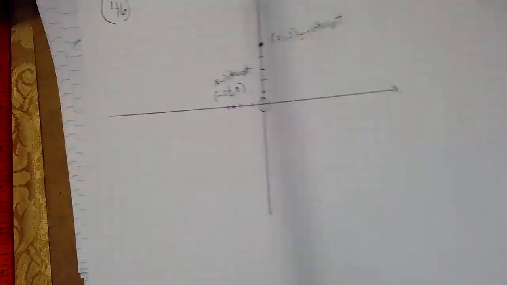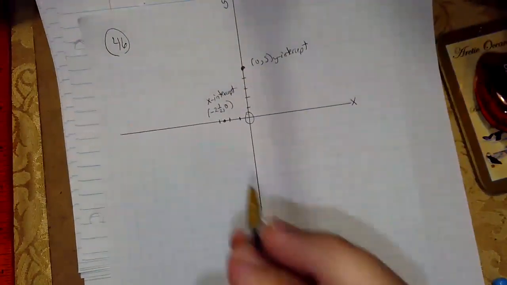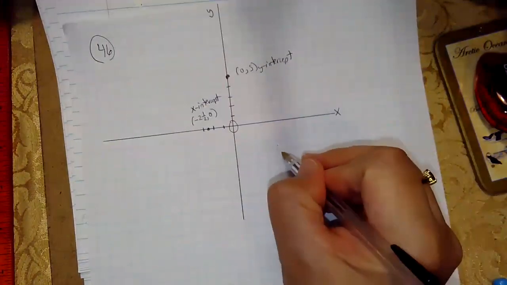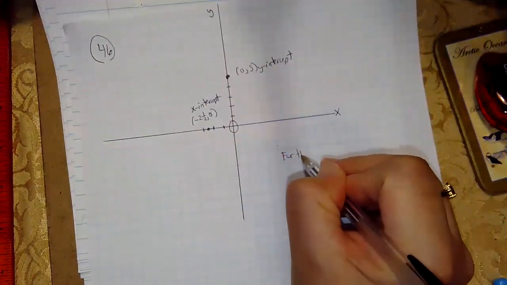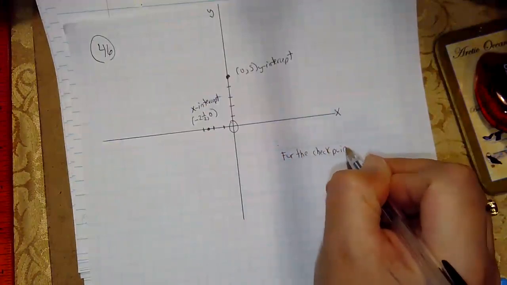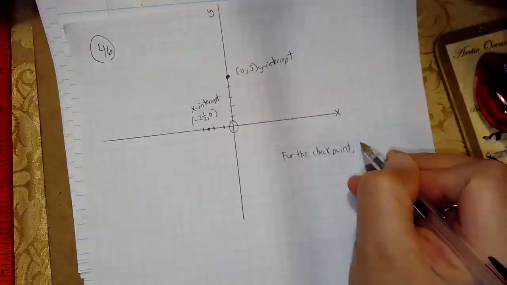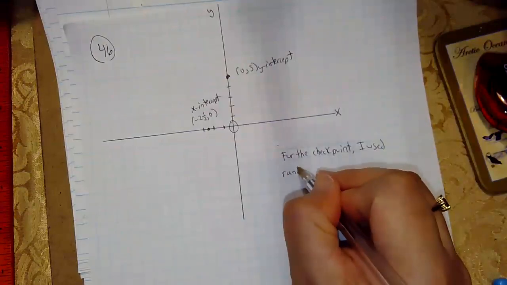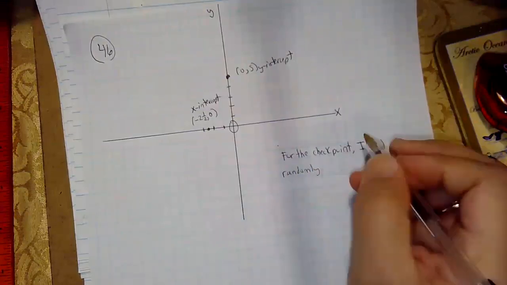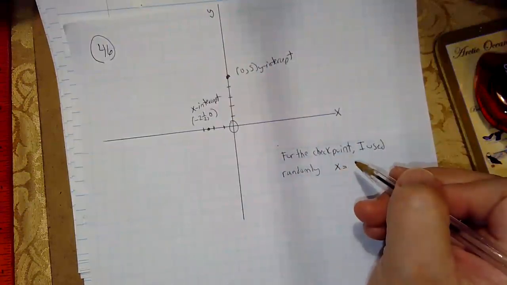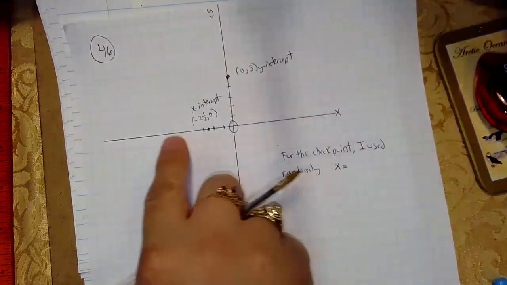So let's see. So for the checkpoint, I'm just going to use randomly x equals, I'm going to go out here somewhere.